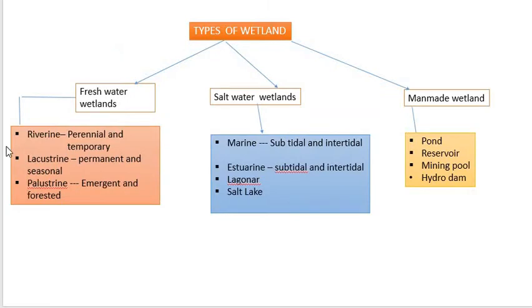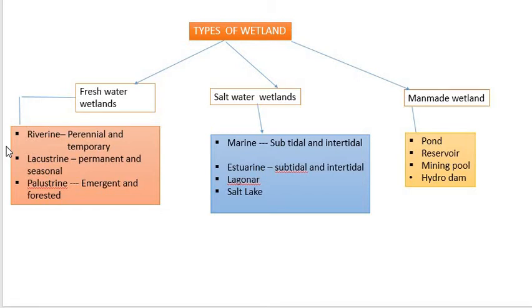Here, there are types of wetland. There are many types of wetland and they are categorized into mainly three: freshwater wetlands, saltwater wetlands, and man-made wetlands.